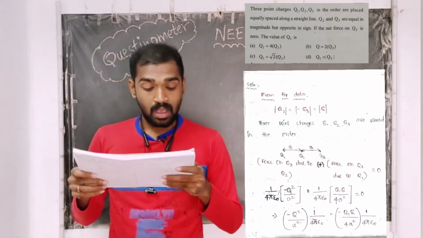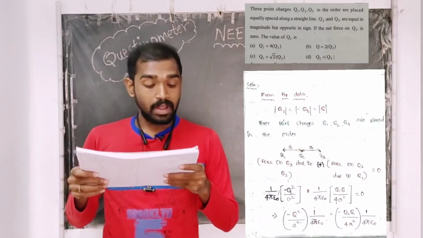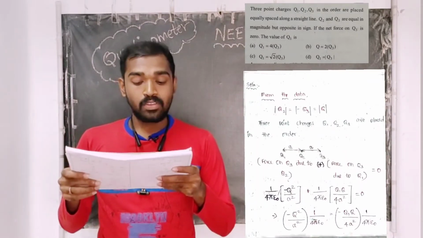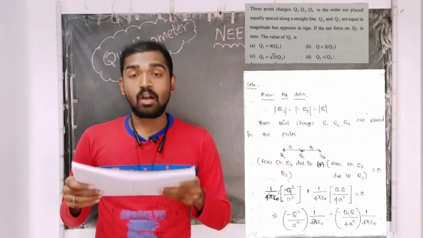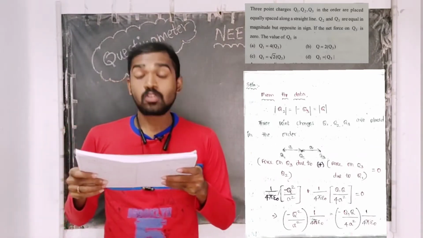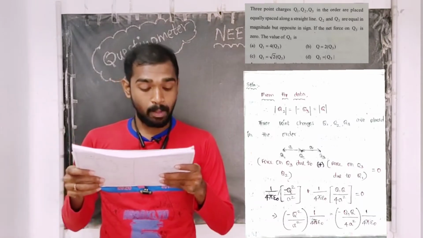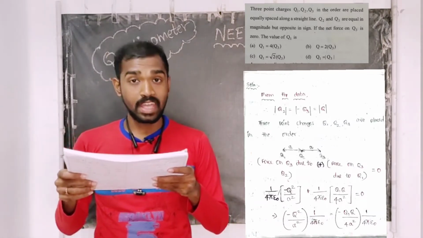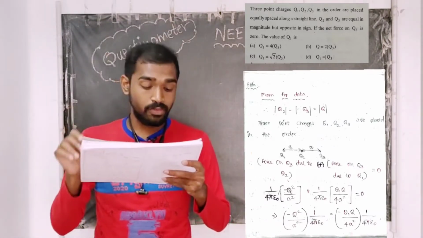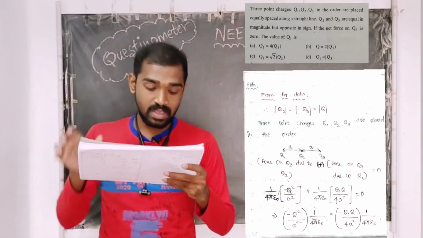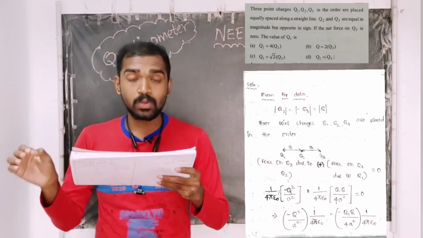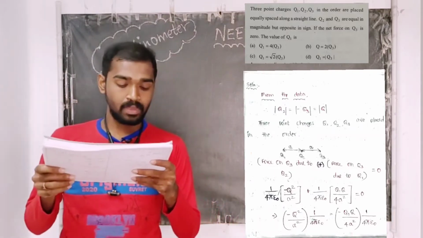By the data. Okay. And also I have mentioned the special point: three point charges Q1, Q2, Q3 are taken in order. So I have plotted the points Q1, Q2, Q3 equally spaced with a distance of A units. The distance between Q1 and Q2 is A, and the distance between Q2 and Q3 is also A.